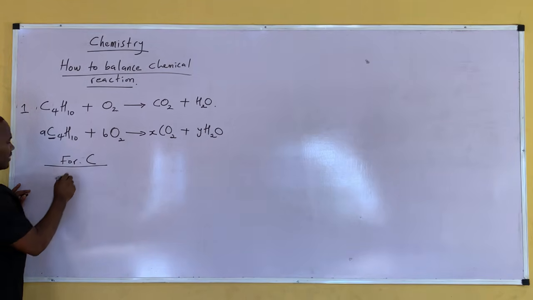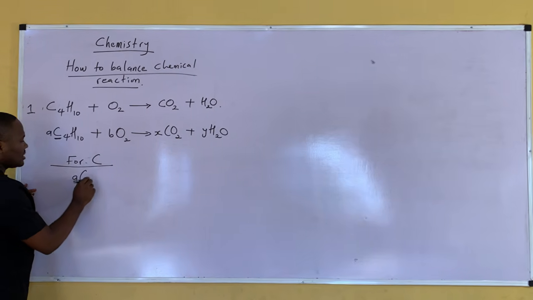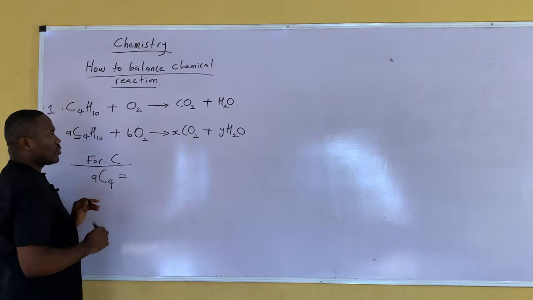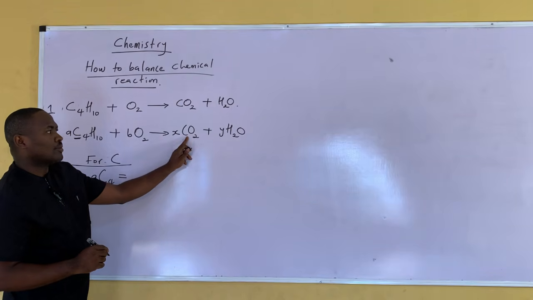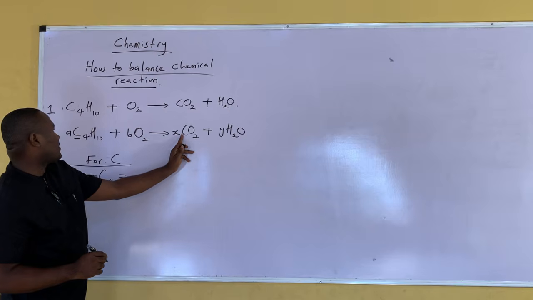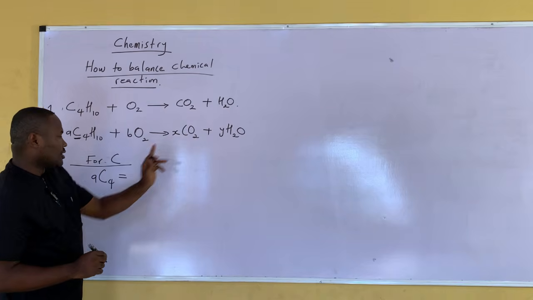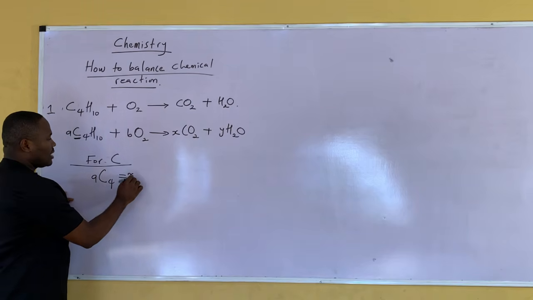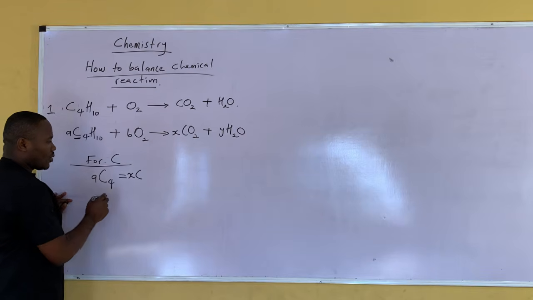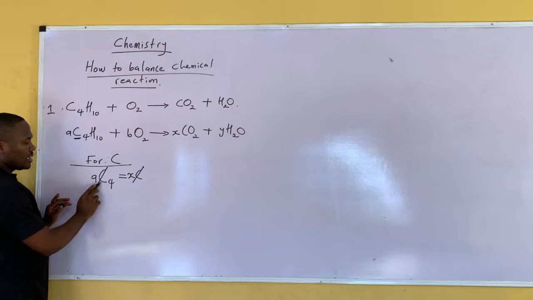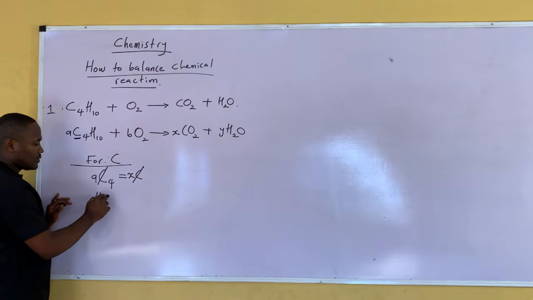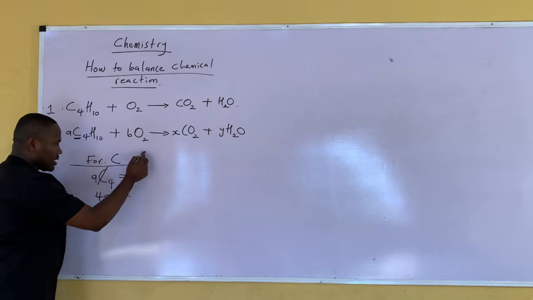So I have A C4 equal to, at the product side, X affecting carbon. This 2 is not affecting carbon, it's affecting oxygen. So it is equal to XC. Now, what is common here? C takes off C. A times 4 is 4A equals X.